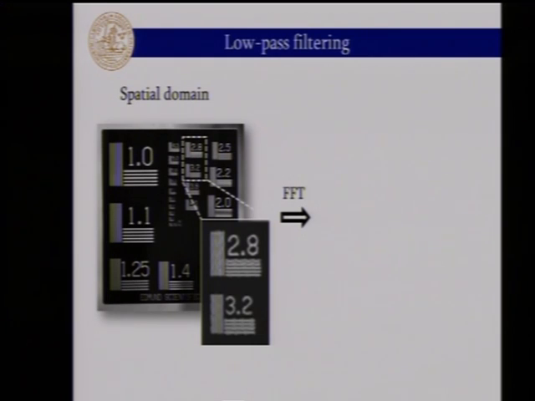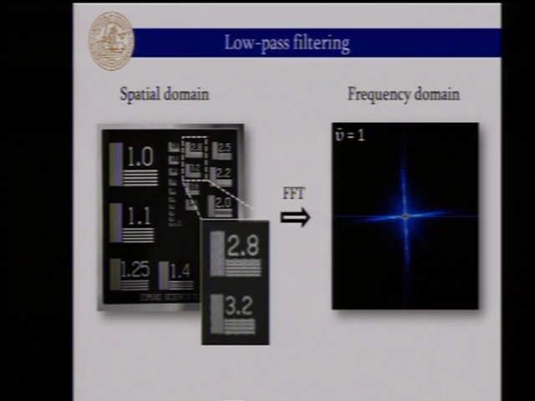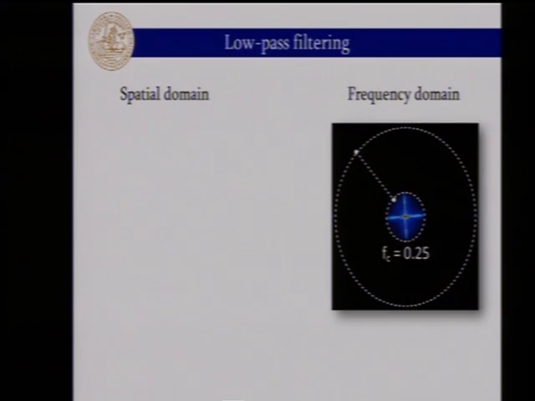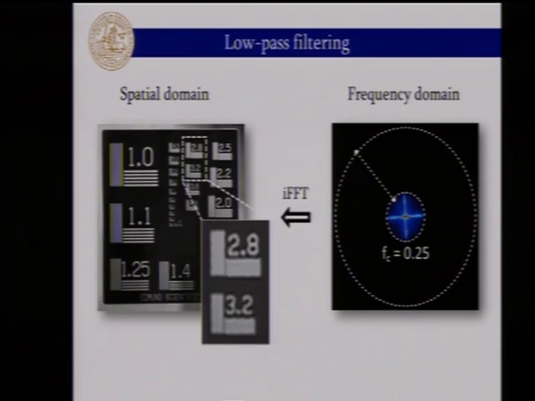Here is a test target, and here is a zoom of the area. You can take the FFT of this image, and then we fix to 1 the maximum allowed frequency visible on this image. Now we just cut it in the Fourier domain and inverse Fourier transform it.